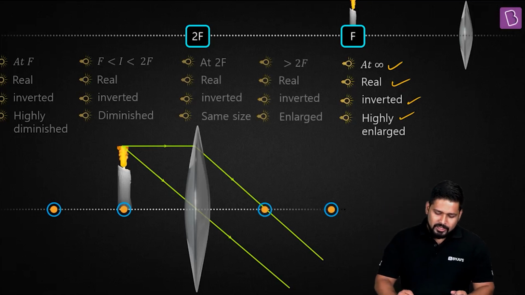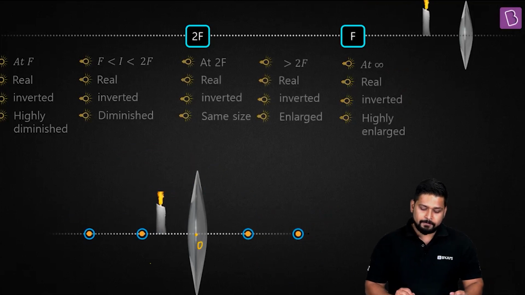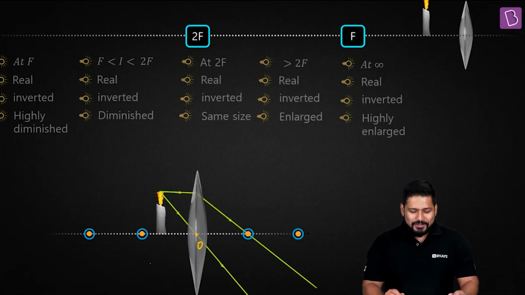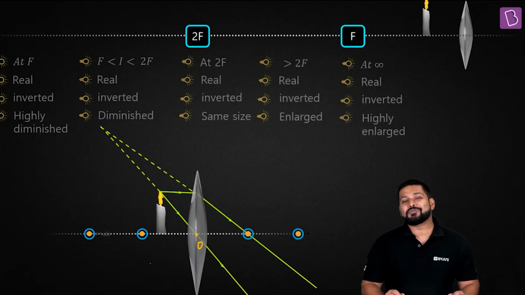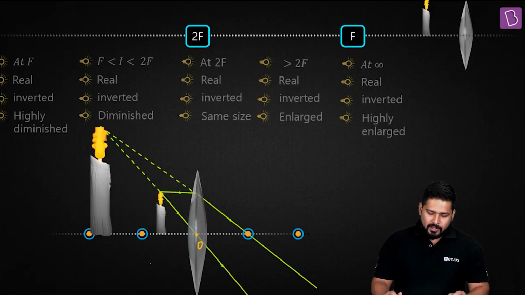The next one is between the optical center and the focus. In that case, what are you getting? Well, you get a virtual, enlarged image. So, a biconvex lens, and I'm only talking about when the other medium is air, okay?